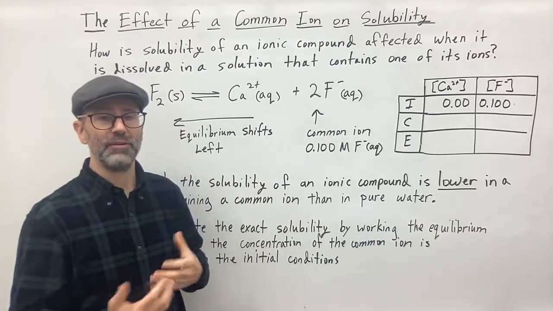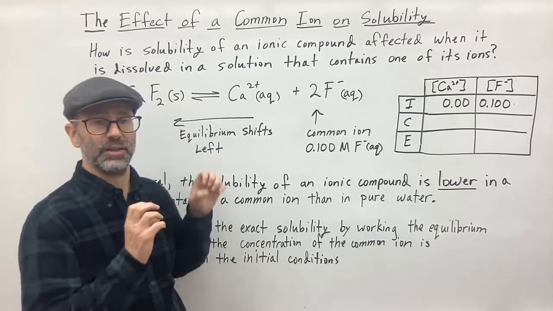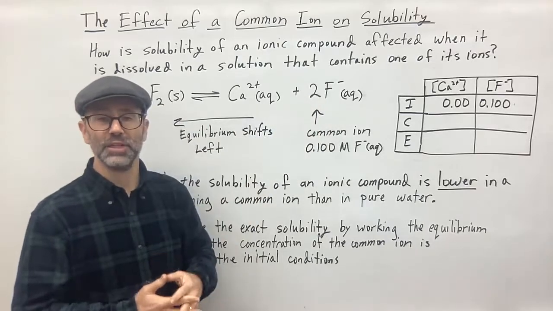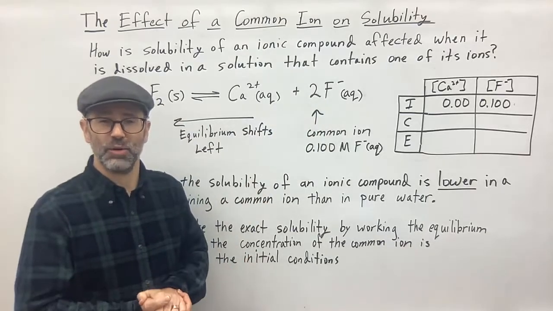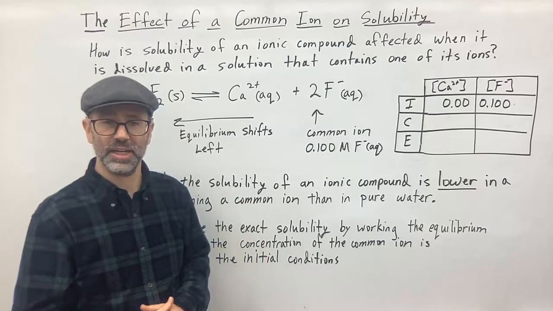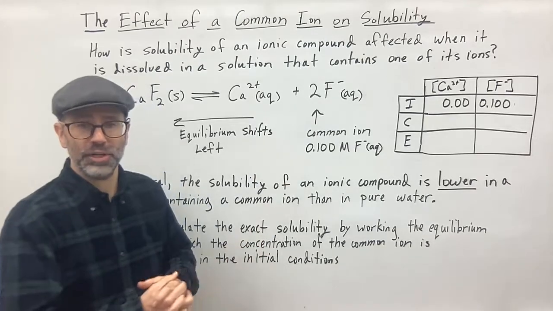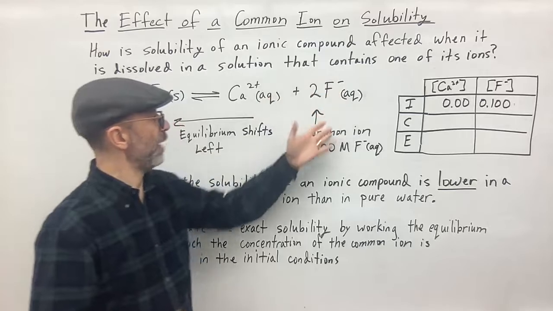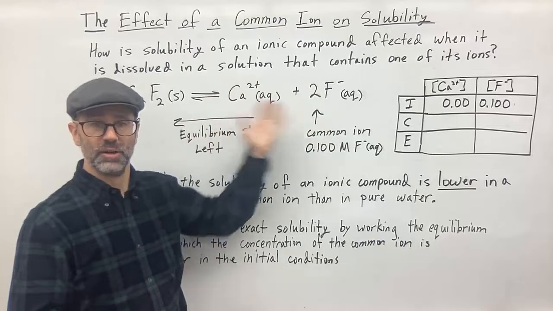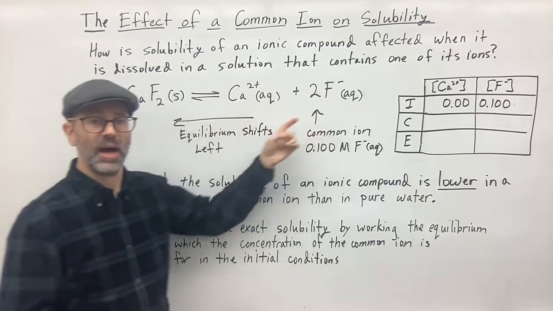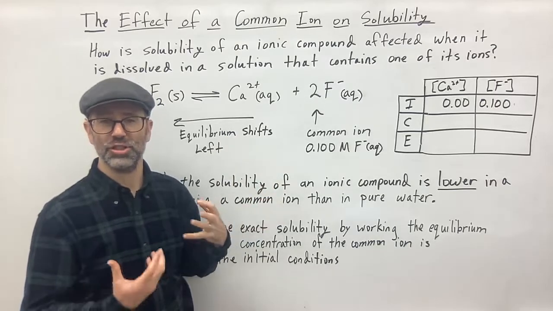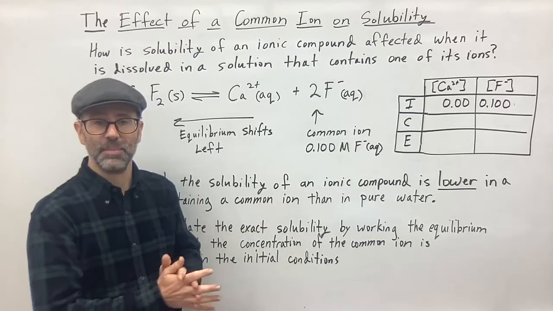If we think of it the other way, if we dissolve this first and throw in our fluoride ion, we can use Le Chatelier's principle. According to Le Chatelier's principle, whenever you add a product to your equilibrium system, it's going to shift in a way that undoes that addition, undoes the change you put into the system.